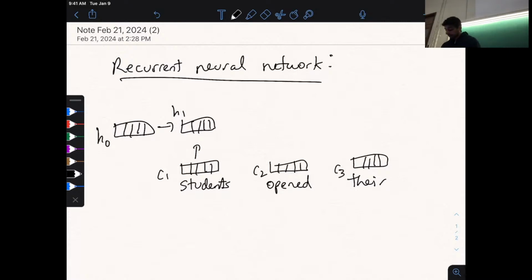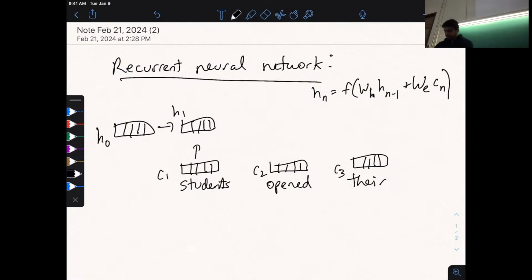And now remember our RNN update equation, right? Hn equals f of W_h h_{n-1}, sorry, this is an h, plus W_e c_n.